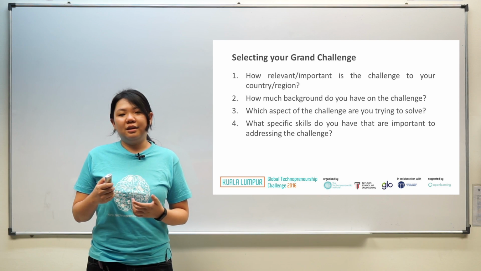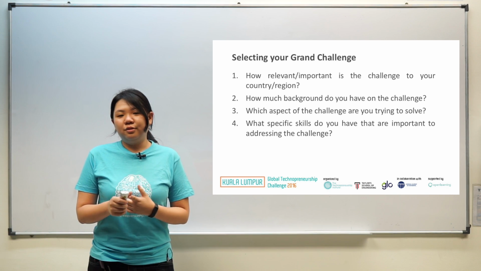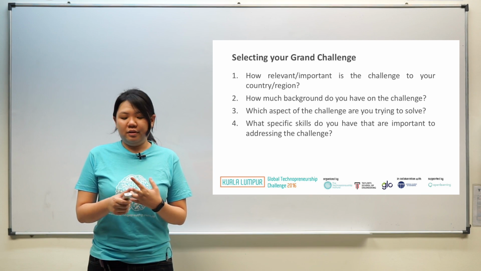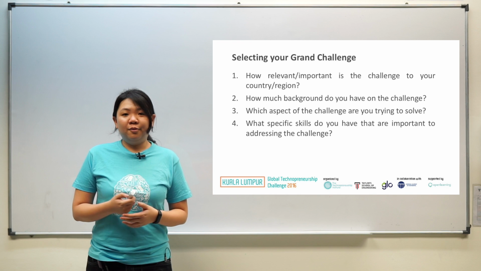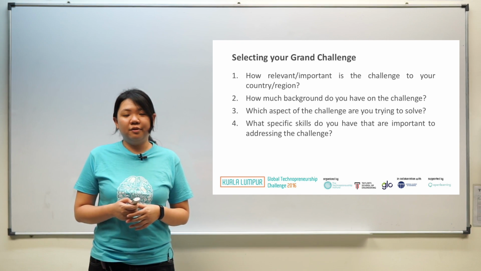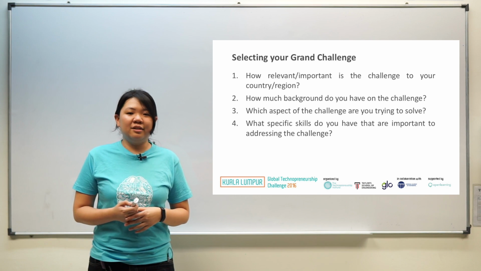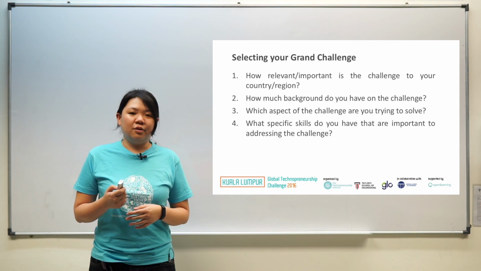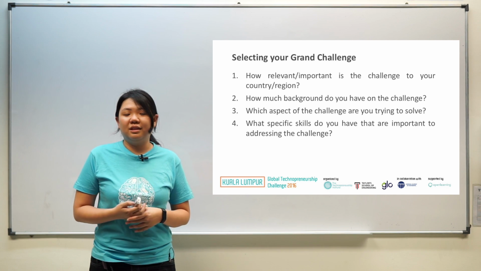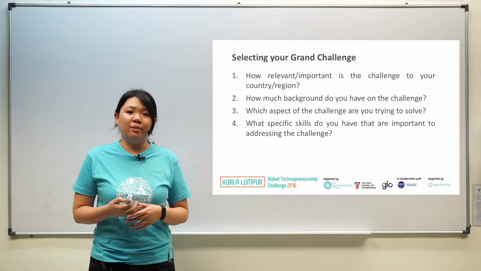Do you want to create a solar panel which would use the heat generated from the sun as well to make it more efficient? Number 4, what specific skills do you need to address that grand challenge? If you want to digitalize medical records, do you need various coding skills or organization skills, or do you need people who are working in the industry that you can collaborate with?